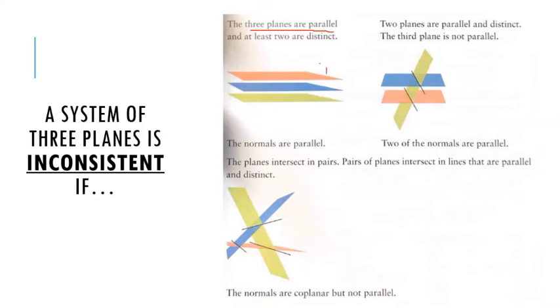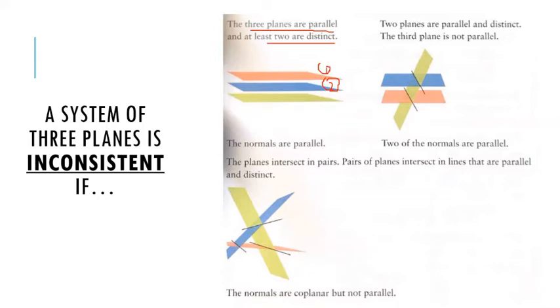You could have plane 1 and plane 2 being coincident. The red plane and the blue plane could be the same plane. They're not in this picture, but they could be. And if green is parallel but distinct from them, then the system has no solutions, because a system has solutions only if all three equations are satisfied by the same coordinates. Okay, so three planes, parallel but distinct, or at least two of them are distinct.